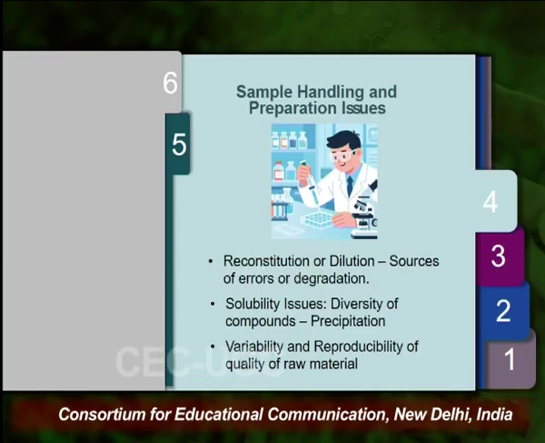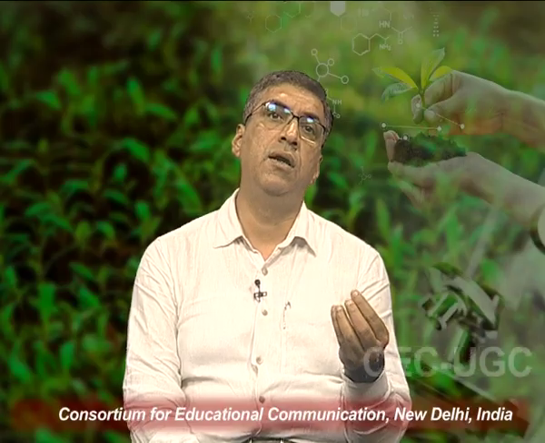Now, when we talk about errors and degradation, say for example, we are using an extract wherein the compounds are susceptible to oxidation, and we obtain that extract in a dry form and then we try to solubilize it. As long as we expose that extract to the natural environment, oxidation of constituents will occur and they will degrade.